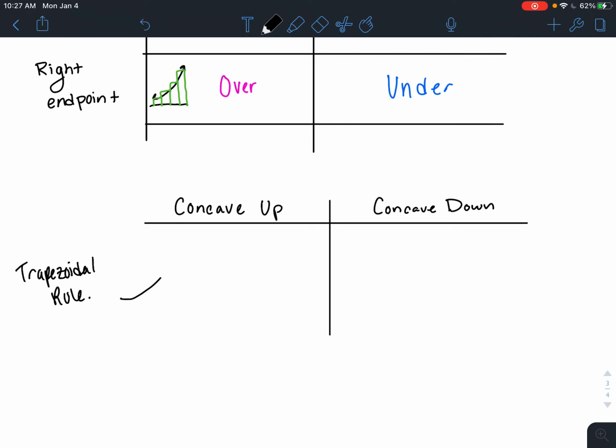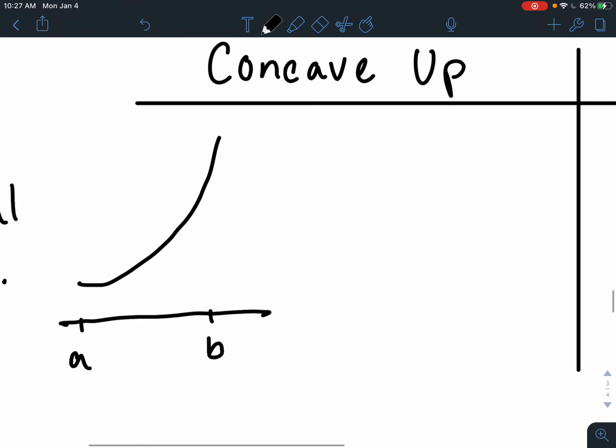Okay, so for the trapezoidal rule, if we have a concave up function, say we have our x-axis and here is our starting point and our stopping point. Say we're going to cut this up into roughly equal subintervals.